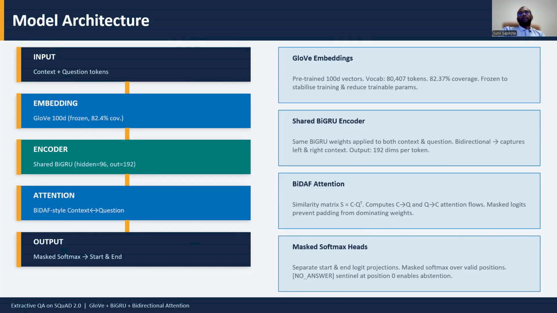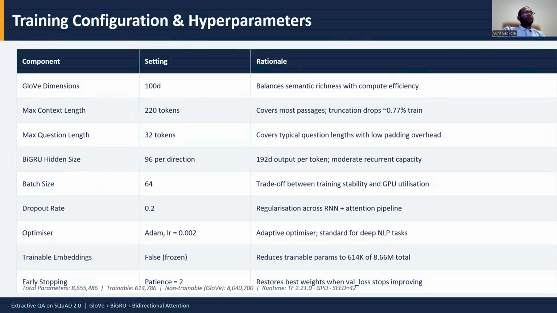Bidirectional means it reads forward and backward, giving 192-dimensional outputs, which go to the bidirectional attention, which compares context and question to find the relevant part. Finally, two output heads predict the start and the end of the answer span. Position 0 is always the no-answer option. So that was the architecture of our project.